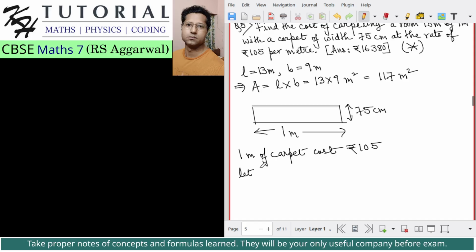Let x meter of carpet be needed to cover the floor of the room, that is to do the carpeting.